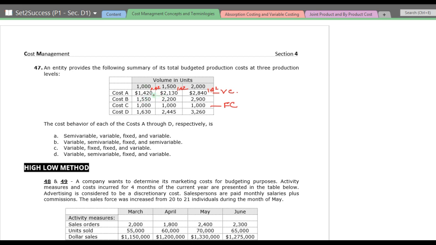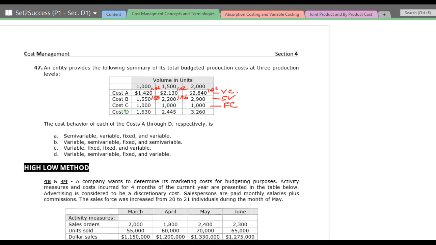For cost B, 1,550 by 1,000 gives 1.55, 2,200 by 1,500 gives 1.46, and 2,900 by 2,000 gives what? So this is an example of semi-variable cost.